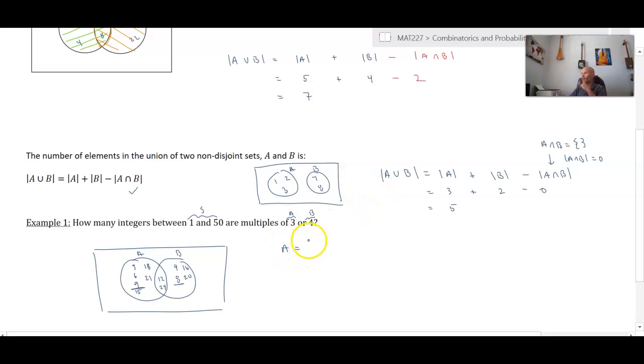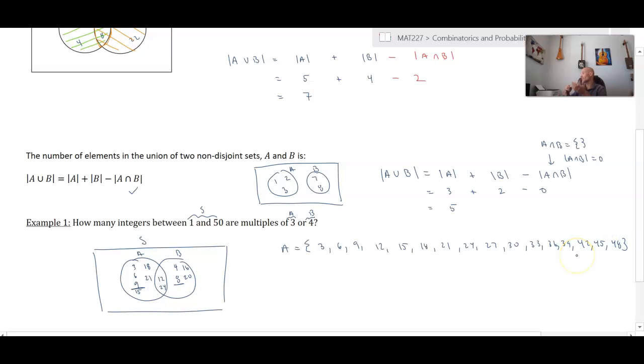So I'll list out what A is. A is the set consisting of 3, 6, 9, 12, 15, 18, 21. This is set S up here, all of those integers. Then 24, 27, 30, 33, 36, 39, 42, 45, and 48.